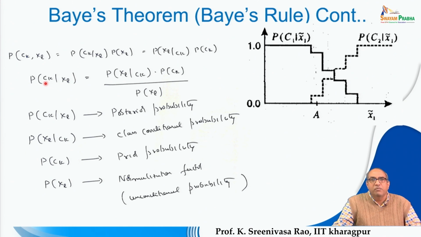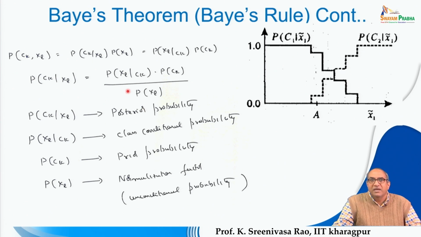So here, probability of CK given XL, where CK is nothing but the class label. Depending upon the problem, we have several classes. In the given example, we have only 2 classes, so CK happens to be either C1 or C2. In both cases you have the same denominator.